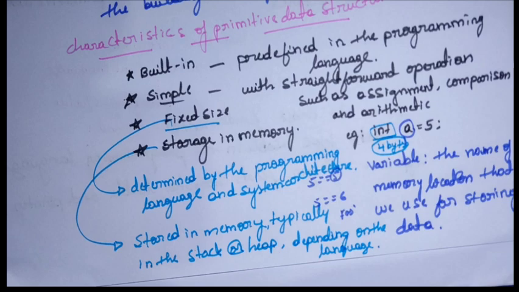So these are a few characteristics of a primitive data structure.